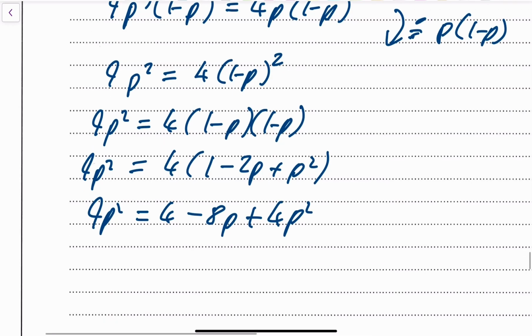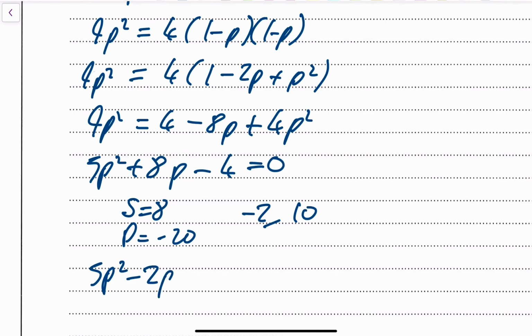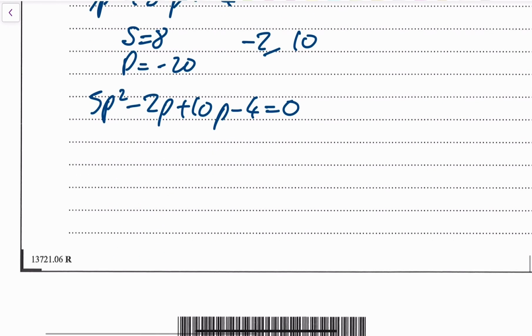Bring it all to one side. You'll have 5p squared plus 8p minus 4 equals 0. And then my sum is 8, my product is minus 20, so my two numbers are minus 2 and 10. So 5p squared minus 2p plus 10p minus 4 equals 0. Factorize the first two terms, p comes out, leaving you 5p minus 2.